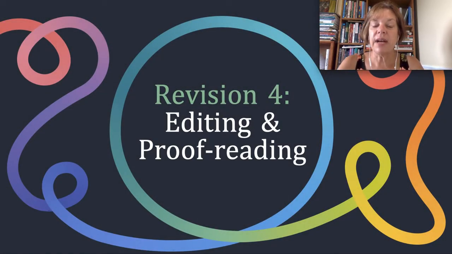Okay, then we come to the final revision phase, which is the editing and the proofreading. And this is where most people start. But if you start with this, it's hard to build.